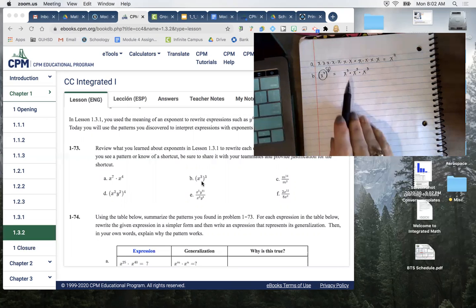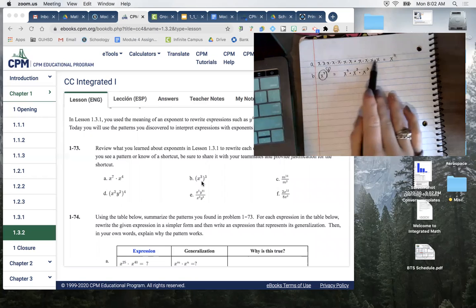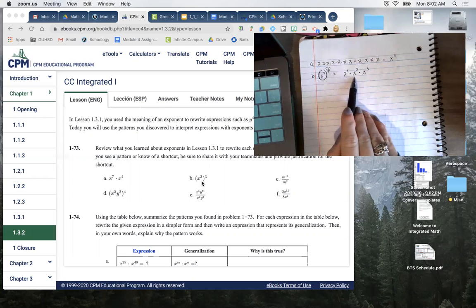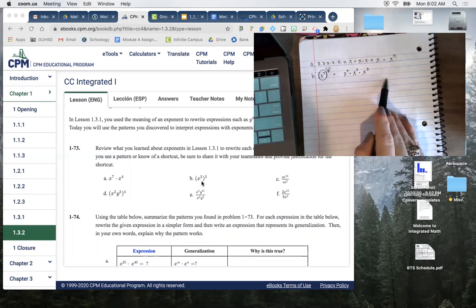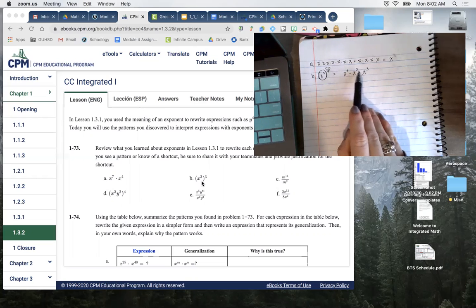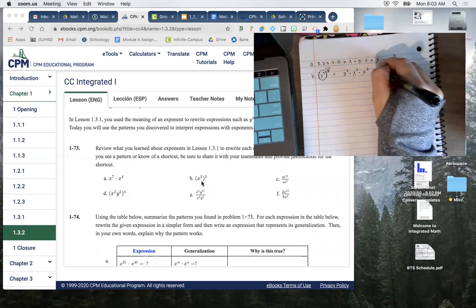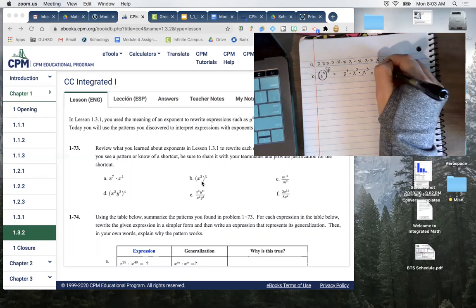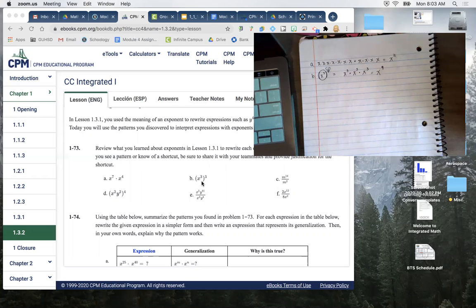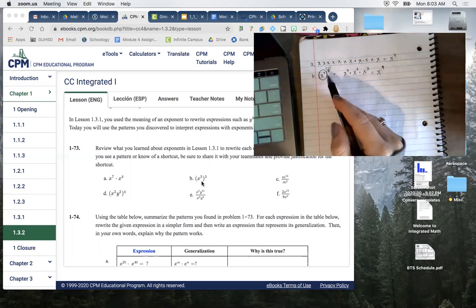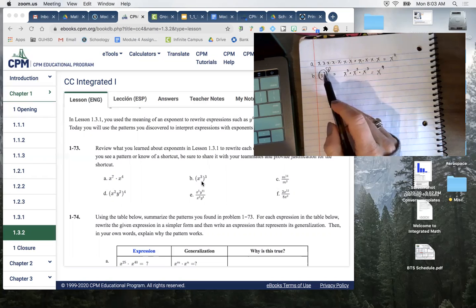Well, now we see this is really like this example right here. I have 3 x's and 3 more x's and 3 more x's. So I can just add these exponents. And what I get is x to the 9th power. Now, that does not mean that I add these.